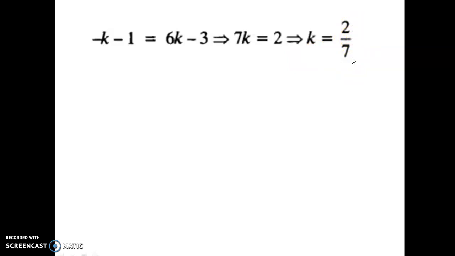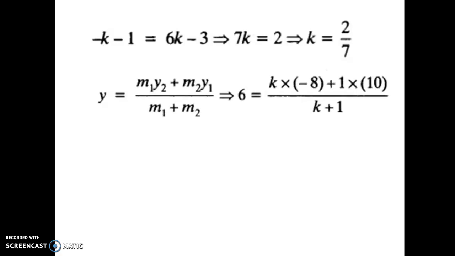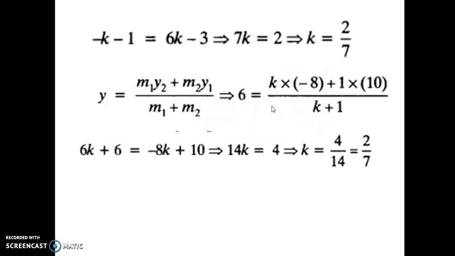Okay, so this is by the x coordinate. So we will find one more for the y coordinate. The y coordinate for that point is 6. Then substitute all the values in the formula and equate it to 6. After simplifying, you will get k is equal to 2 by 7.